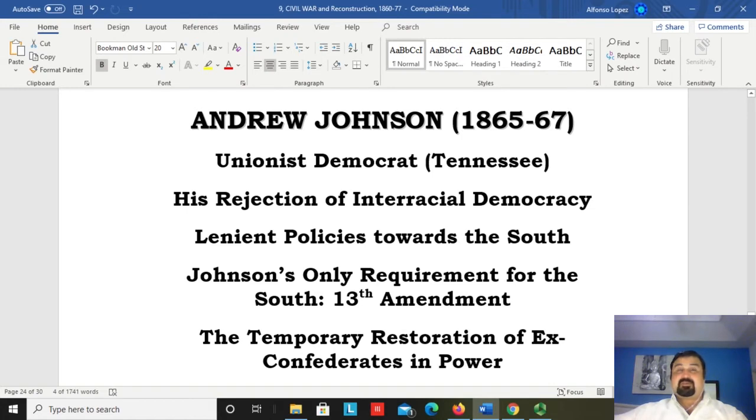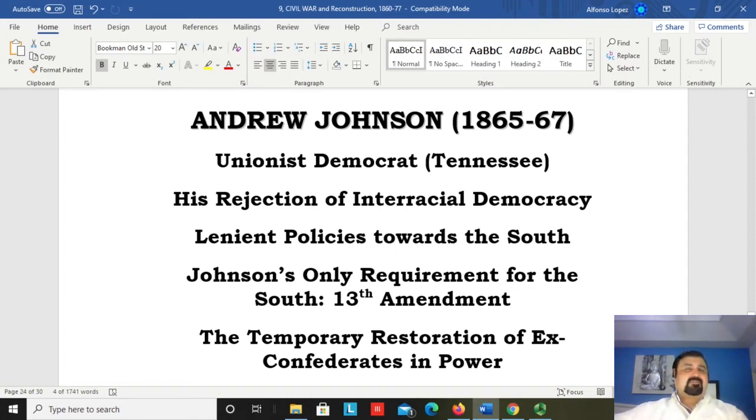The Confederates were very happy with Johnson, by the way, but not the Republicans of the North. So he's going to fall out of favor, out of grace, in the Republican Party, and he's going to clash with them. We're going to see in which particular way.